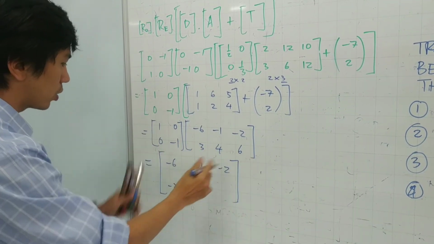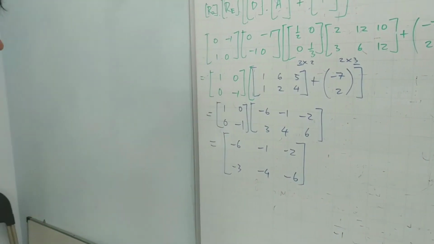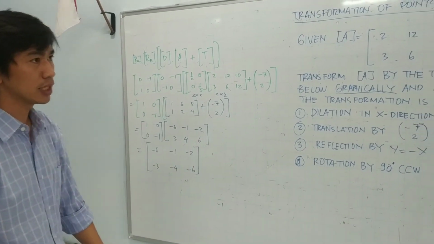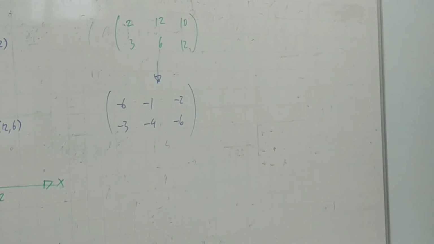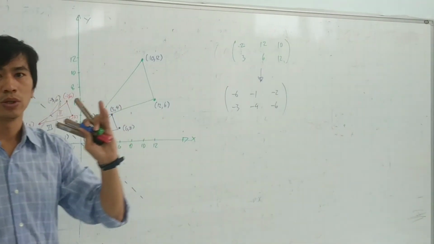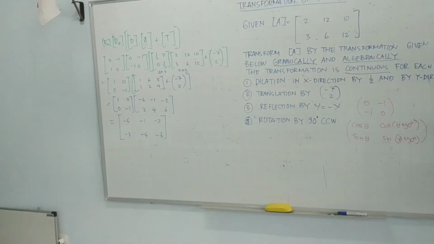On the second row, we'll have the negatives. So if you compare negative 6, negative 3, negative 1, negative 4, negative 2, negative 6 with what we have algebraically, we get the same result. So whether you do it algebraically or graphically, the result is supposed to be the same.